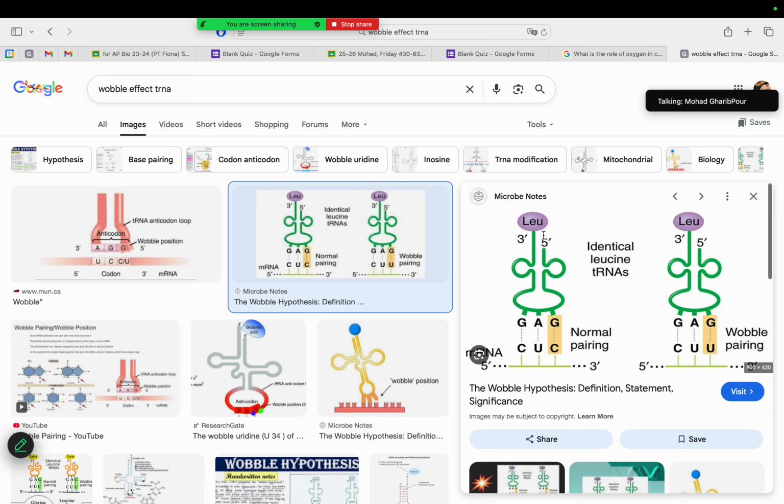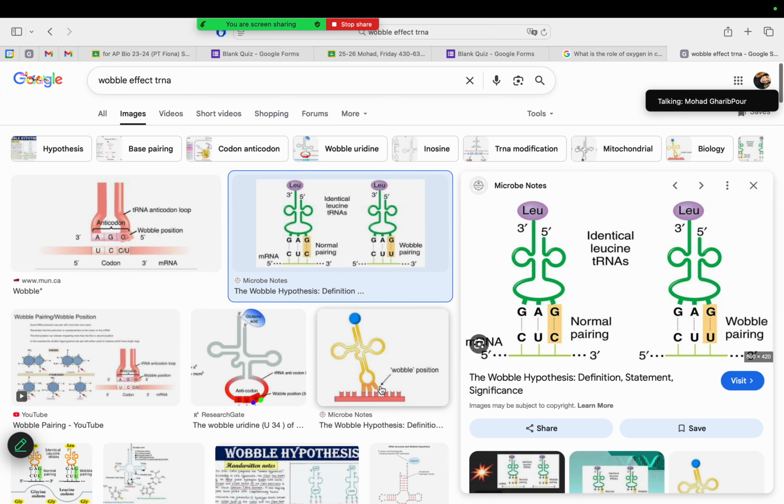You have a tRNA coding leucine. It's the same tRNA. You see GAG, GAG. So this position on the tRNA doesn't change. Here, on the other hand, we have CUC, CUU. They're both recognized by this tRNA.